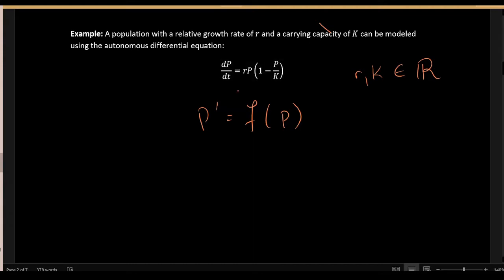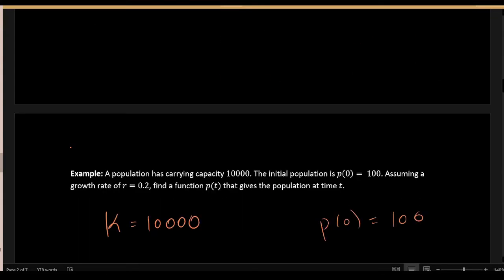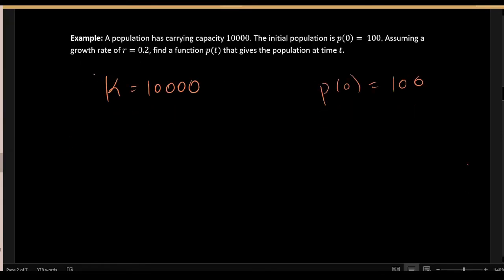R might be large for something like rabbits, which reproduce quickly, and might be much smaller for something like elephants, which reproduce slowly. In this particular problem, we're given a growth rate of r equals 0.2. So let's use those pieces of information and find a formula p of t, which gives the population at time t.